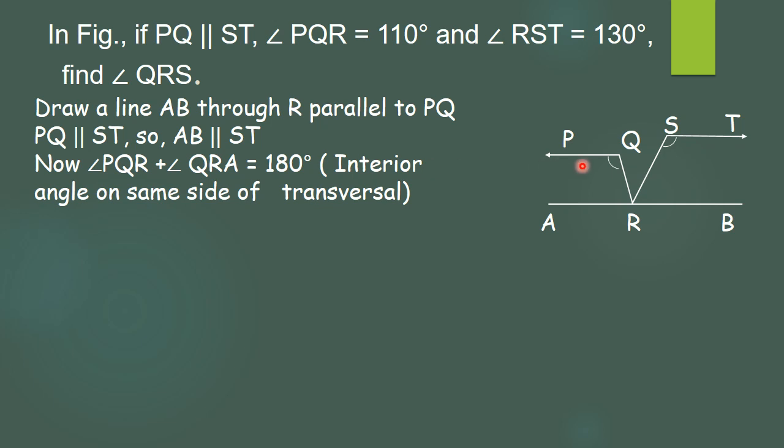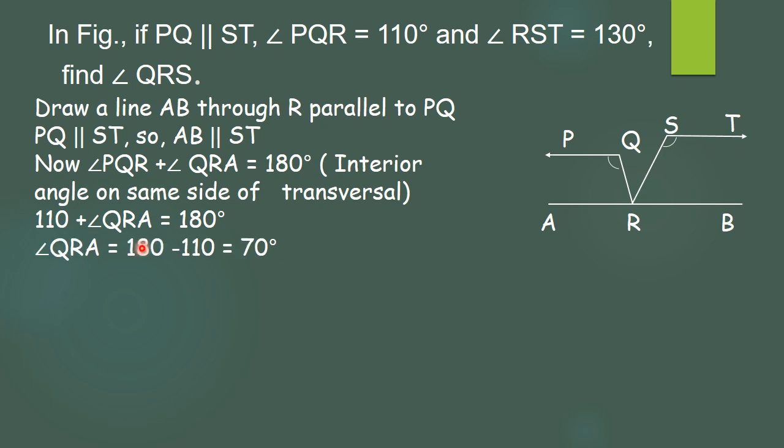Now angle PQR plus angle QRA will be equal to 180, as they are the interior angles on the same side of the transversal, and therefore we get 110 plus QRA is 180, and the angle QRA will be 180 minus 110, that is equal to 70 degrees.